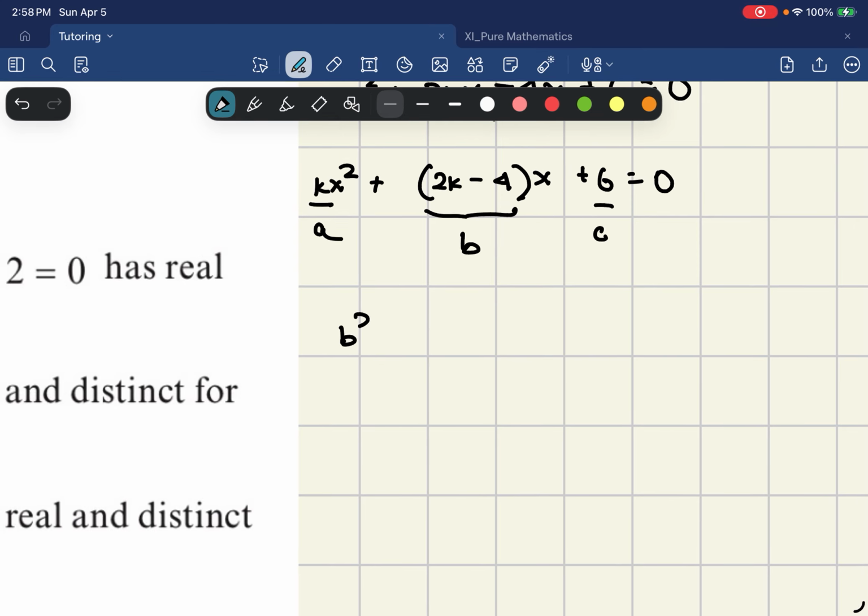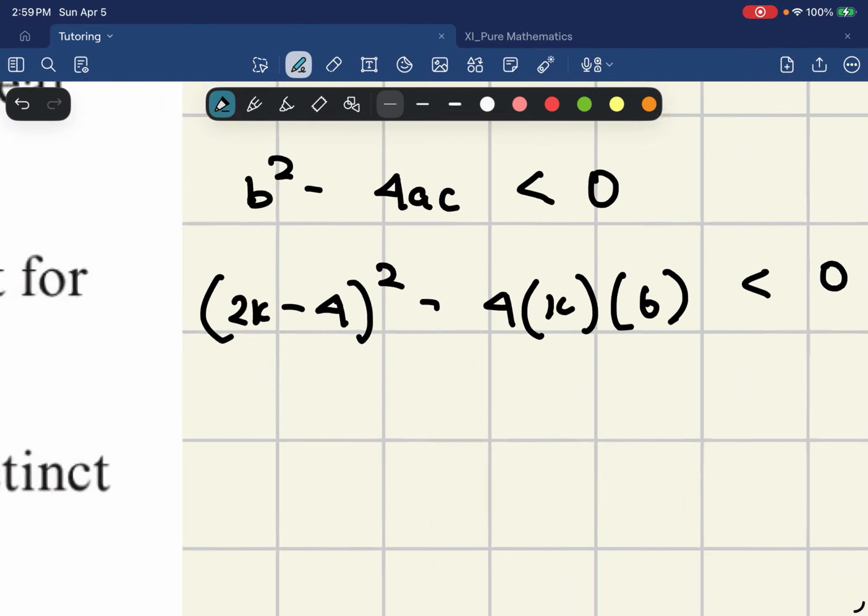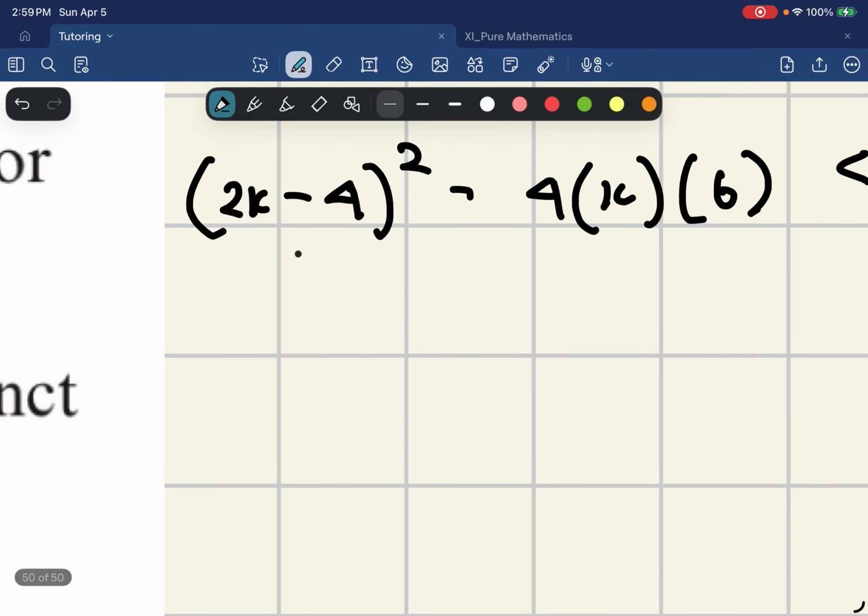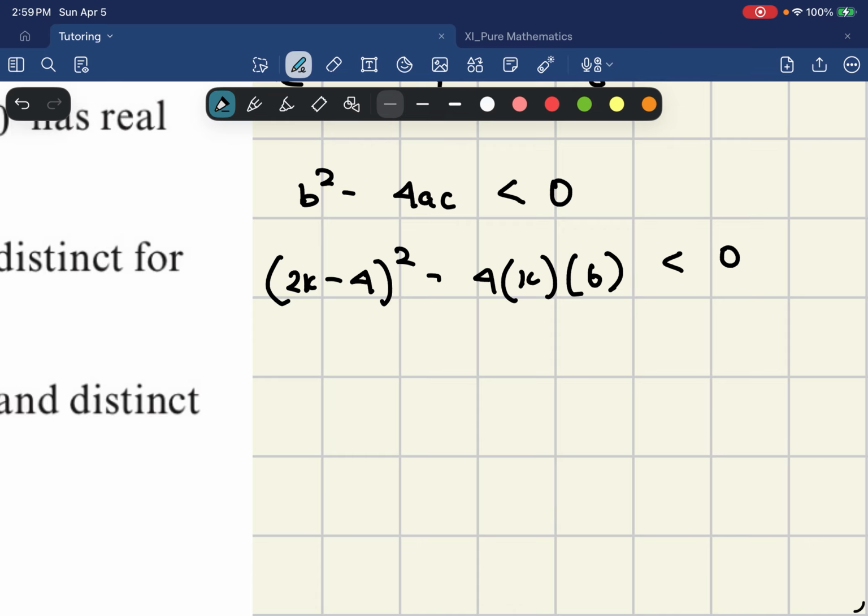And this is my A, this is my B, this is my C. All right, so b squared minus 4ac is less than 0. B is 2k minus 4, squared, minus 4 times A is k, C is 6, is less than 0. Now if I expand my first term, I have 4k squared minus 16k plus 16 minus 6 fours are 24k is less than 0.